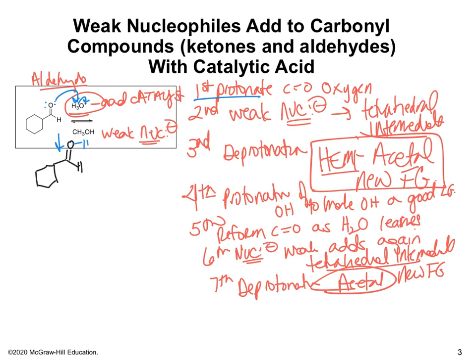Here are the lone pairs, and there's your positive charge on the oxygen, and we've protonated the carbonyl oxygen. This has made it more electrophilic, activates that carbonyl, and now the weak nucleophile adds, and this is going to give you a tetrahedral intermediate.